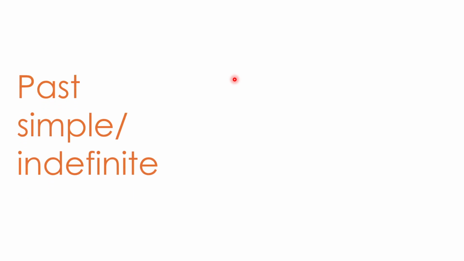Okay, so our first tense is past simple or past indefinite tense. So we're going to be looking at a simple example and definition of this tense. So let's see.